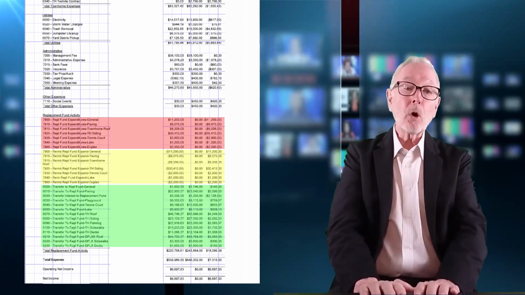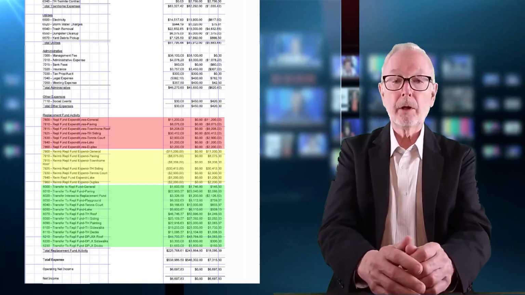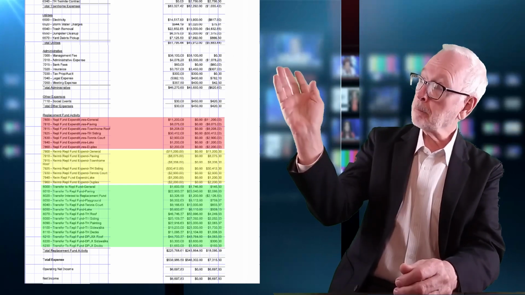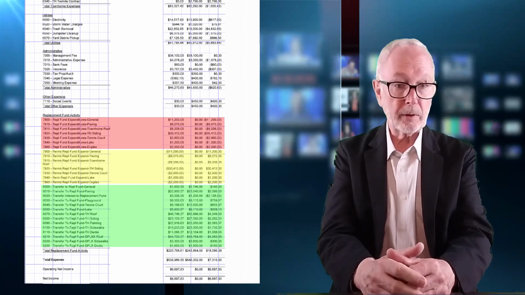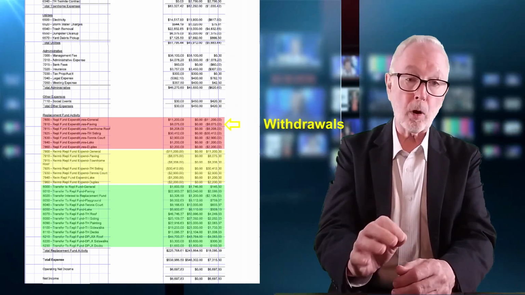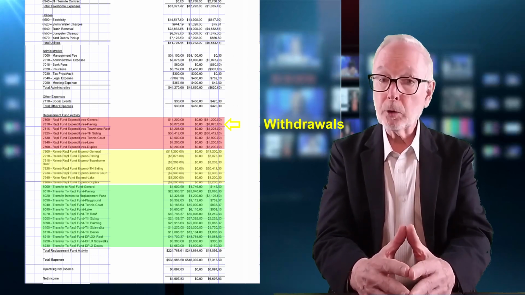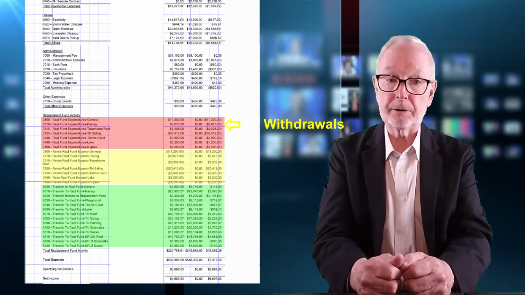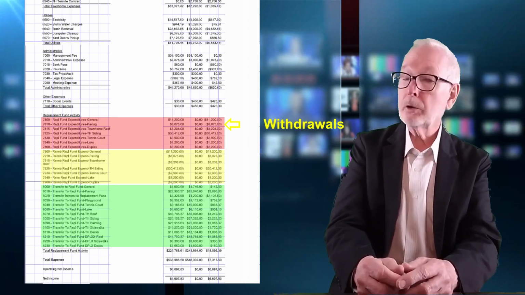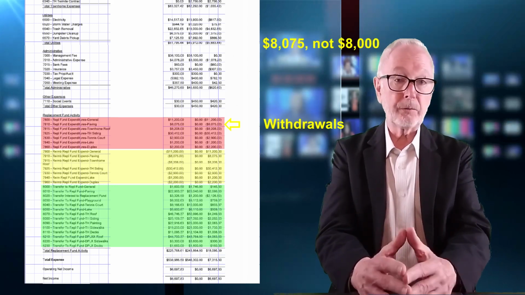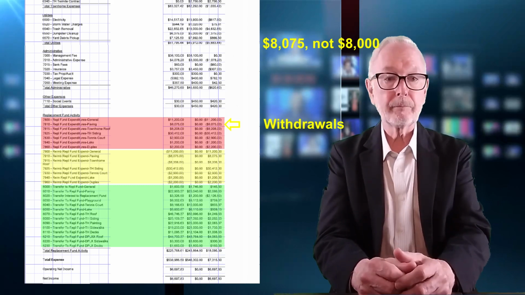Now, going back to paving. The entry for the paving reserve in the topmost category of transactions is for withdrawals from the reserve that took place during the year. Here, you can see that $8,000 were withdrawn to pay for something.